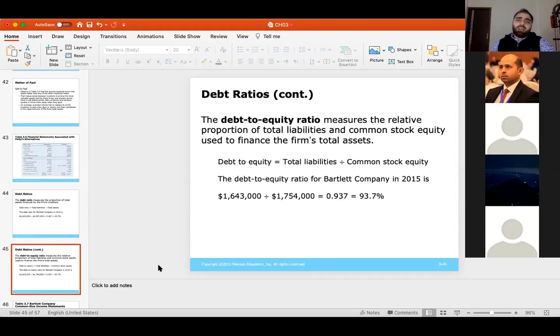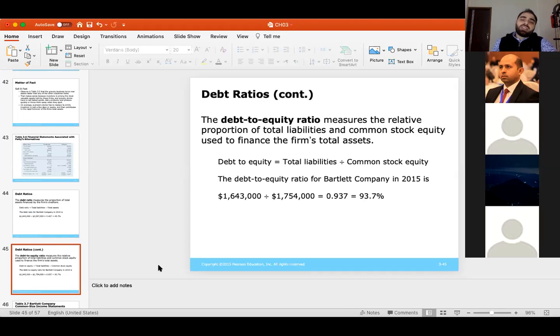Here again, we have the debt to equity ratio. We divide the total liabilities over the common stock equity, and here we can make a comparison of which source of finance is mostly used to finance the assets of a company.